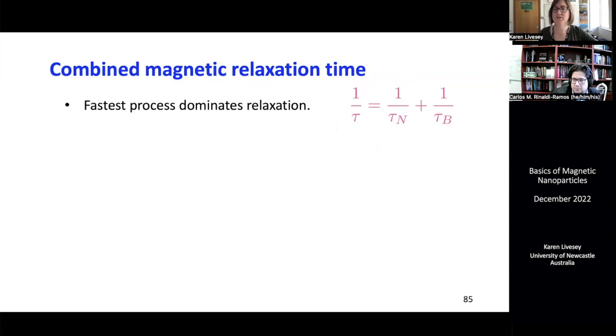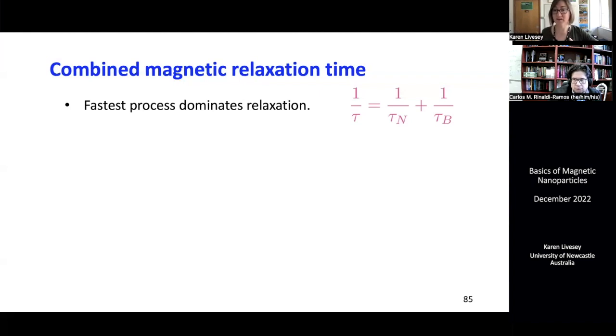And the reason why we do that is because this gives the faster process the dominant contribution to the total relaxation time. Okay, so the smaller process will have the bigger term on this right-hand side.